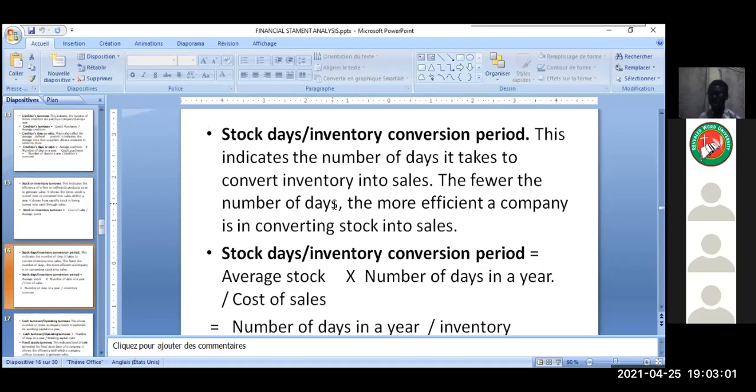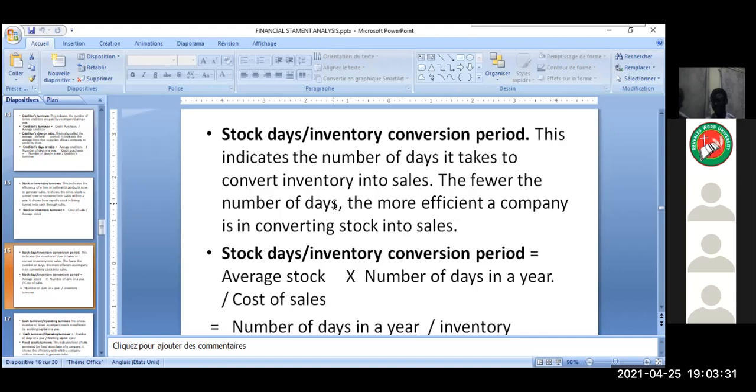Now, stock days or inventory conversion period. This indicates the number of days it takes to convert inventory into sales. And it is very important for any person who is managing the stock. The fewer the number of days, the more efficient a company is in converting the stock into sales.